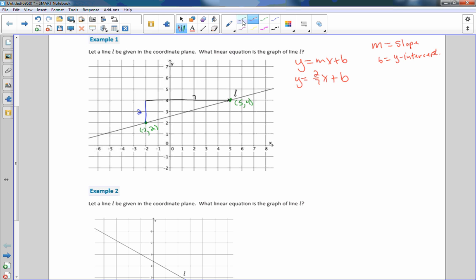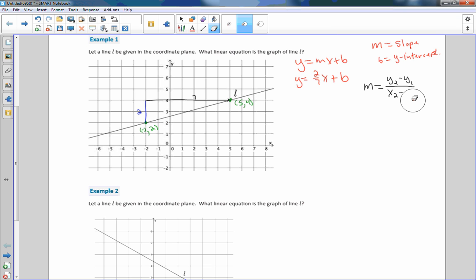Before I continue though, I want to show you a different way to find the slope. Slope equals the y value of your second point minus the y value of your first point, or we can say the difference in y over the difference in x, which means the x value of your second point minus the x value of your first point.